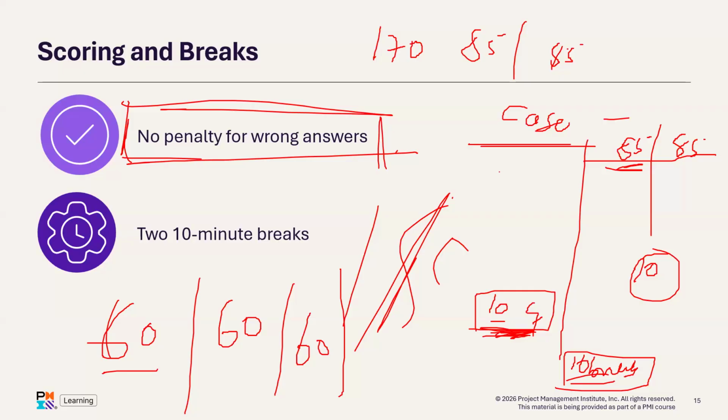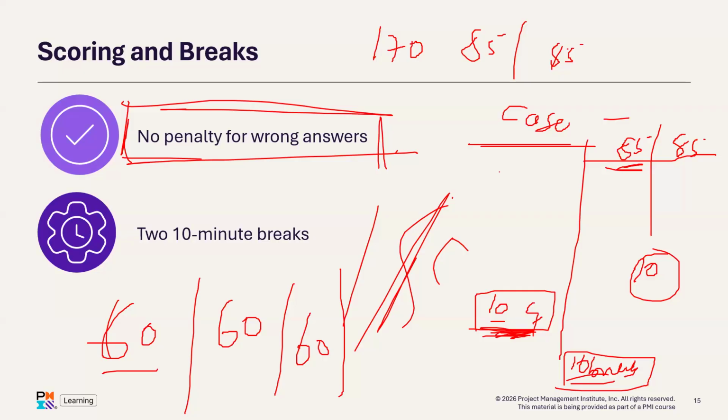If you want to skip it, you have the opportunity to skip the break and then continue. But that means when you skip the break, in the course of the next segment, you cannot have the break until you finish it. I don't know if you get it. Yes, I get that.